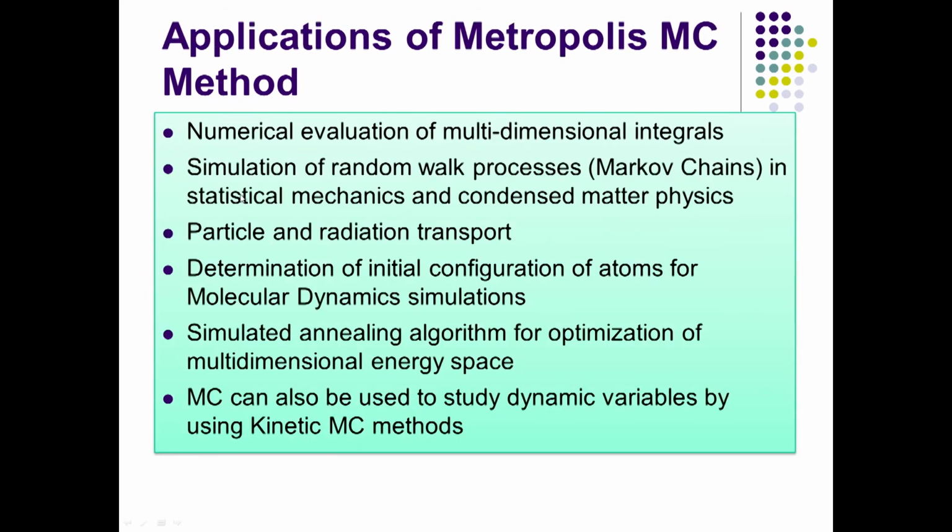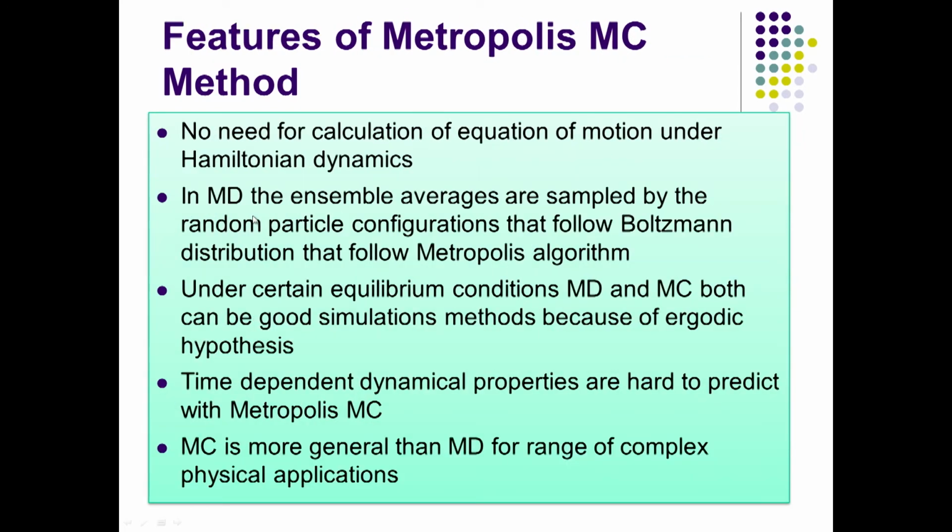In this case we are talking about the MC algorithm, not MD. Under certain equilibrium conditions, MD and MC both can be good simulation methods, and they may give the same results even with less computational time in Monte Carlo. So, that is a very good phenomenon for certain situations.